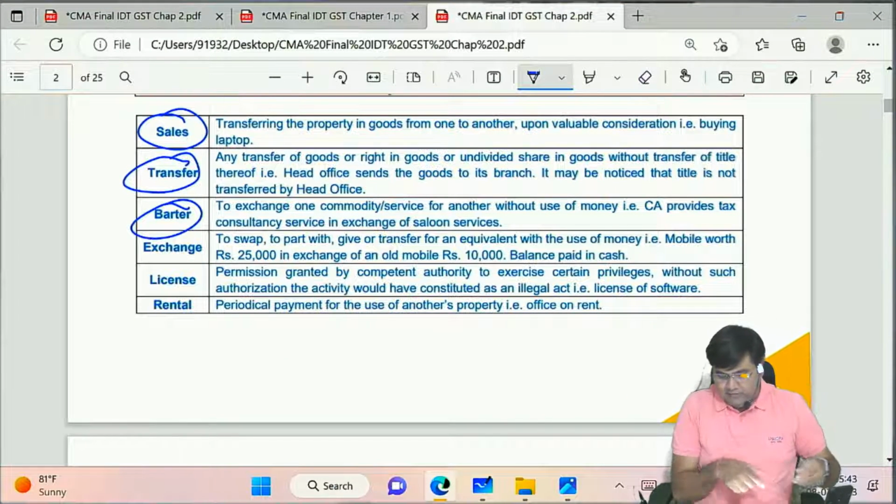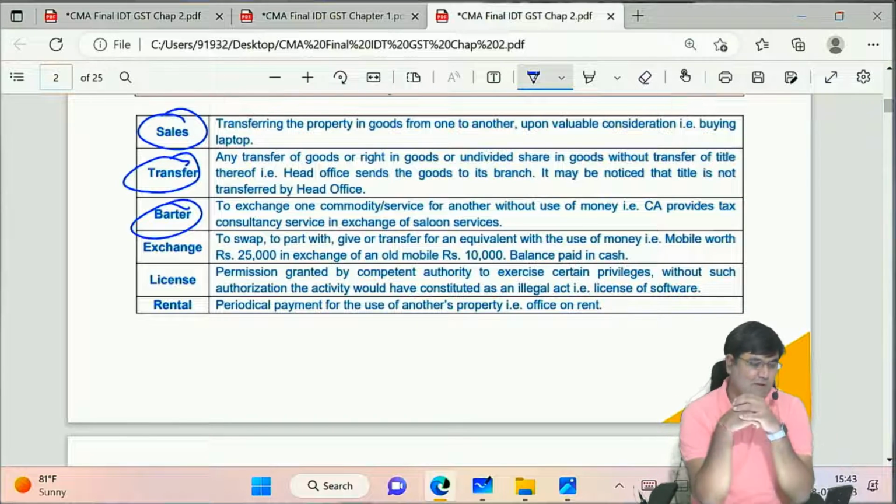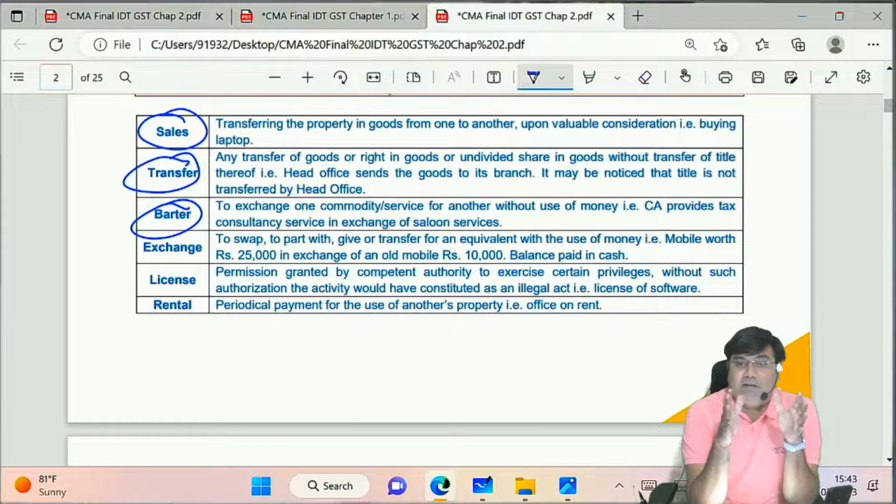Barter. Previously, actually decades ago, there was no currency. So what did people used to do?